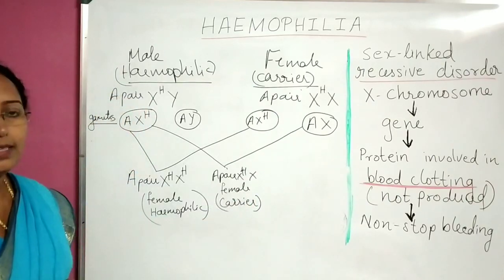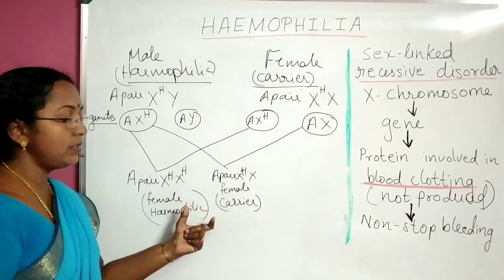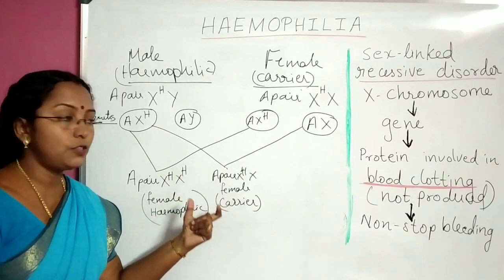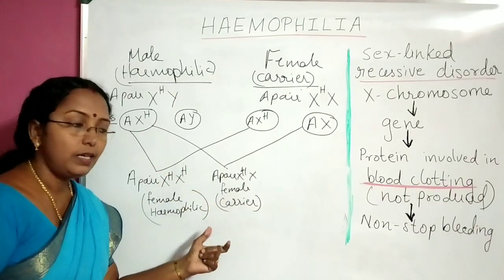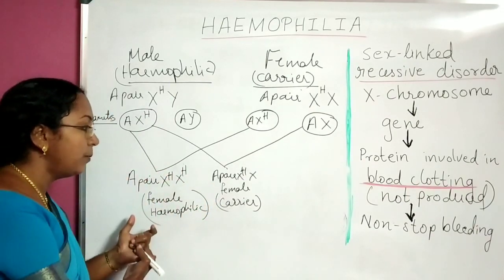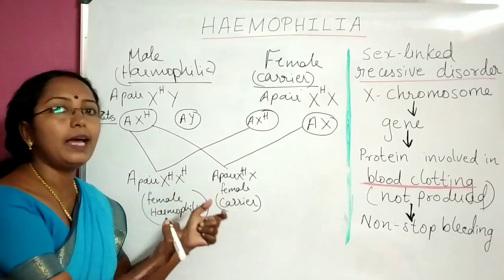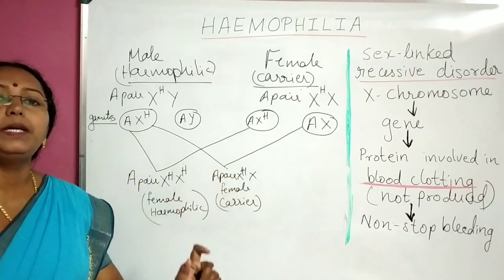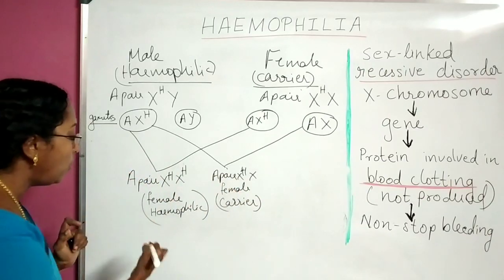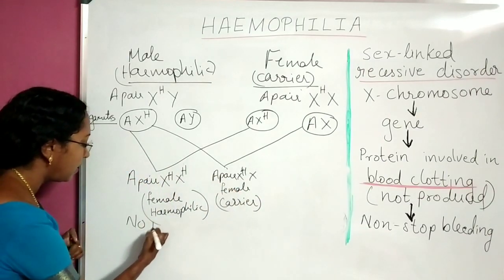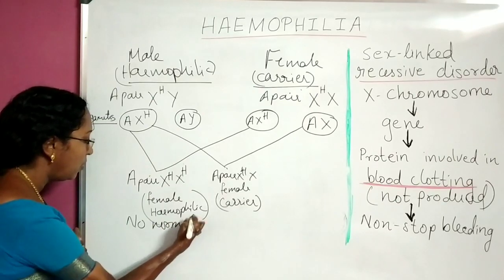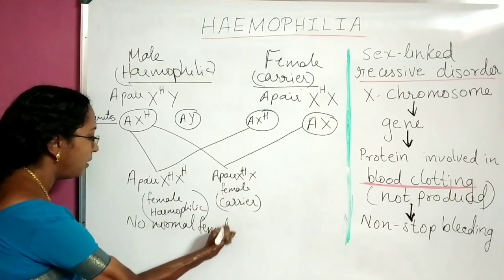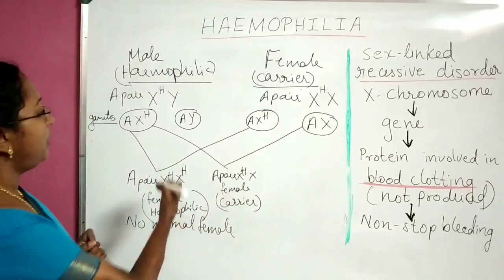Female is a carrier. So you are getting two females. So if the child is going to be a daughter, the female will be either haemophilic or carrier. So in this case, no normal female will be produced. No normal female. Okay. Now take the other case.